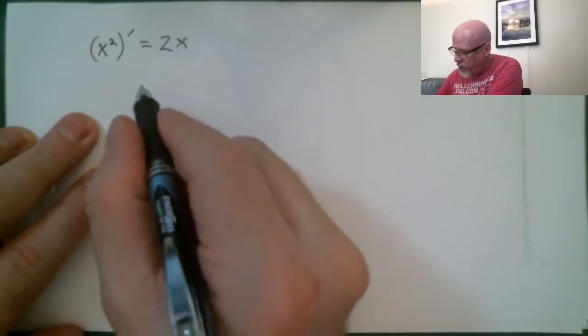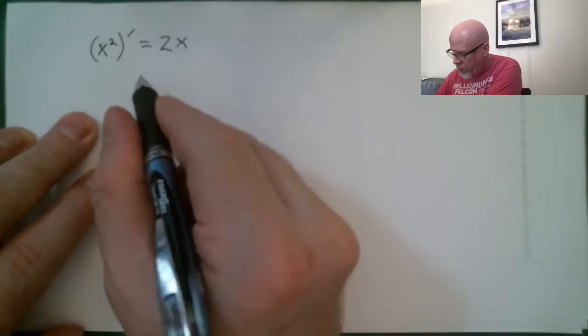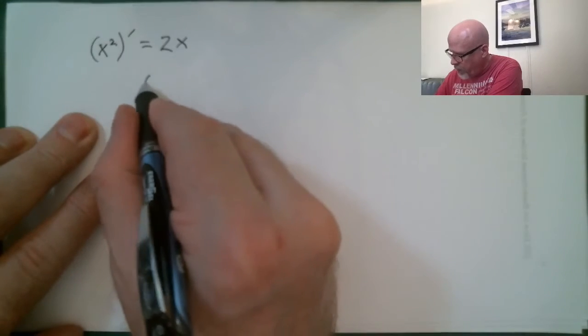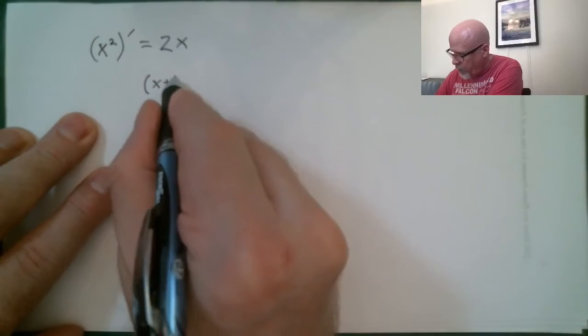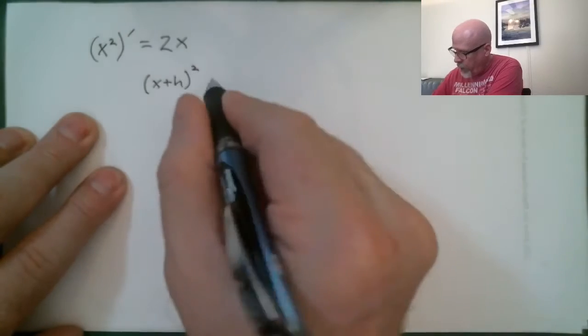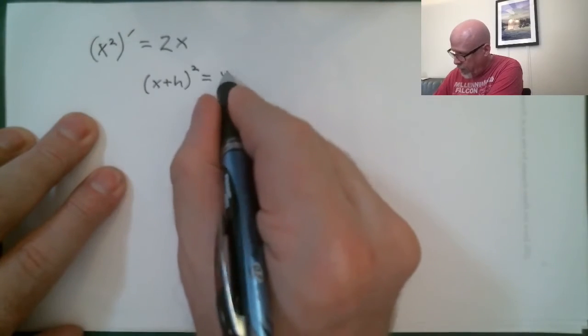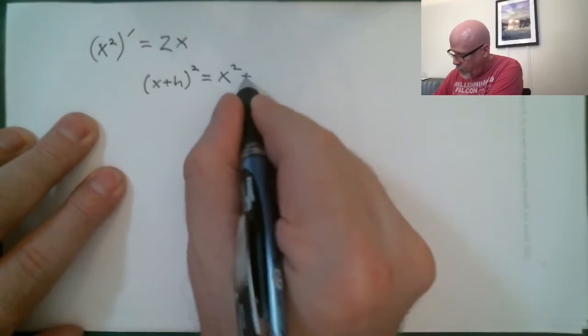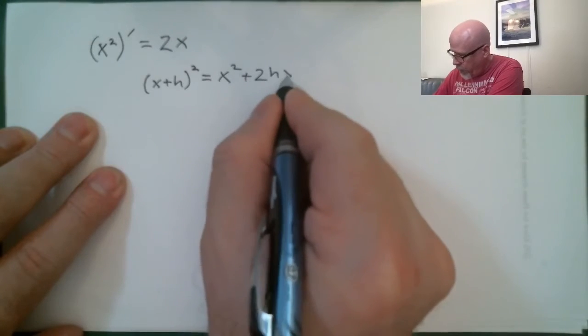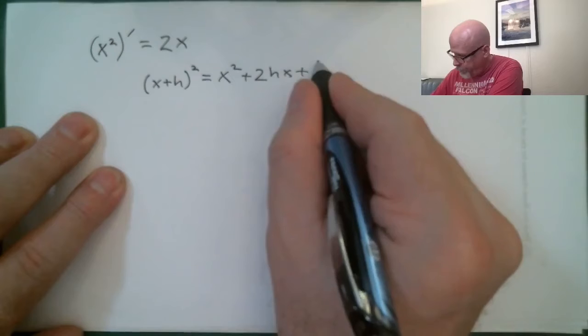There was a bunch of algebra in taking that limit using the definition, but the big thing was that we needed to take x plus h and square it. And you had to FOIL that, and it came out as x squared plus 2hx plus h squared.